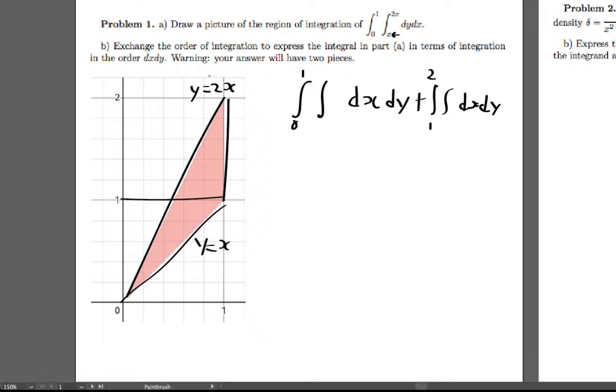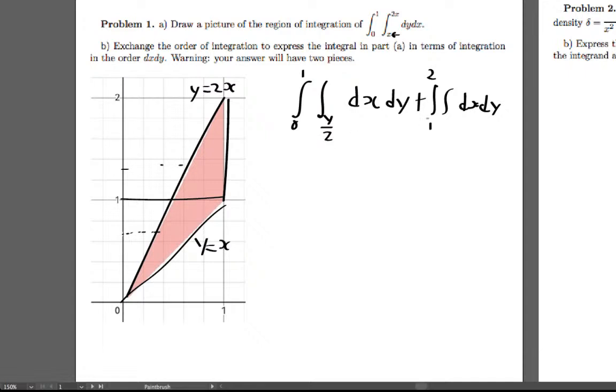Okay, and so after you have figured out the y bounds, you want to figure out the x bounds. The x bounds here will start from this point here, which is y equals 2x, or you could write it as x equals y over 2. That is the lower bound for both of them.